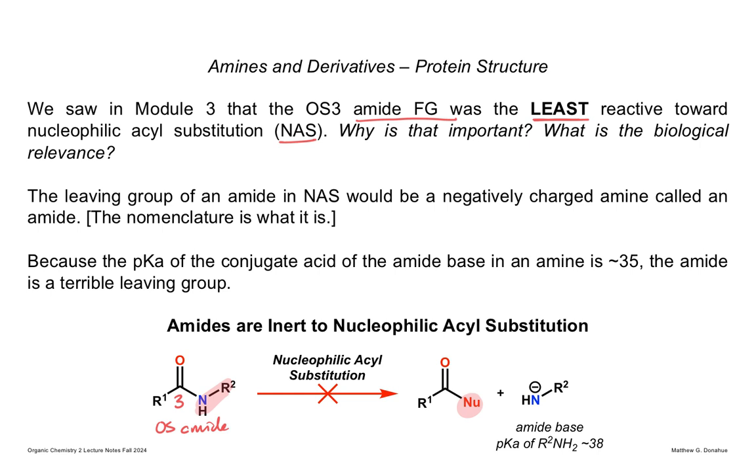The reason, from the organic perspective, is that the byproduct is an amide base. And the pKa of that conjugate acid is about 38. So that base is really strong, meaning that the acid is pretty weak. So it's not a good leaving group.